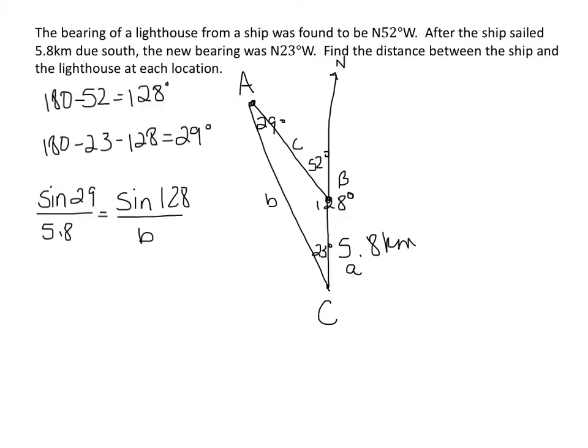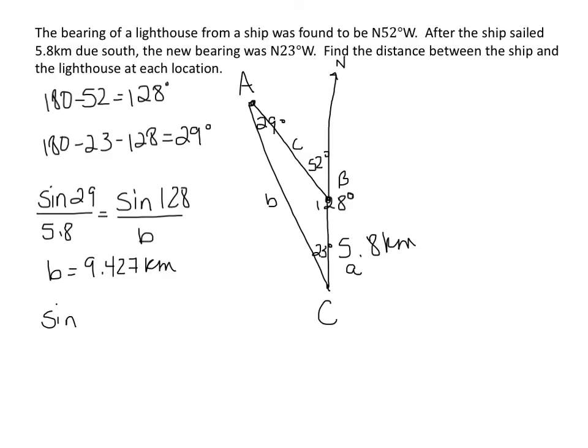Cross multiply, and I get that side B is 9.427 kilometers. I will do the exact same thing, but this time I will need to use sine of C over C.